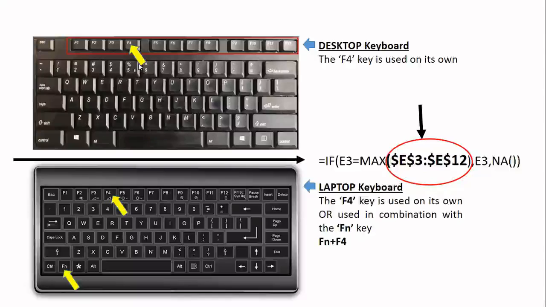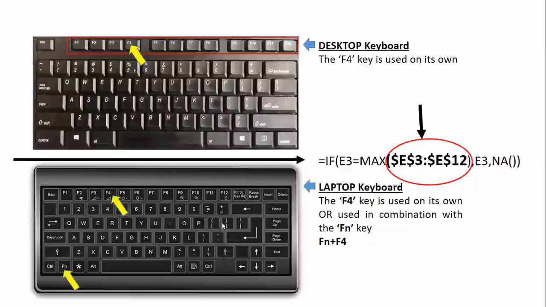In the case of a desktop keyboard, you press the F4 key on its own. Whereas on a laptop keyboard, you use it in combination with another key, usually the Fn, the functional key, Fn plus F4, for you to invoke the command.